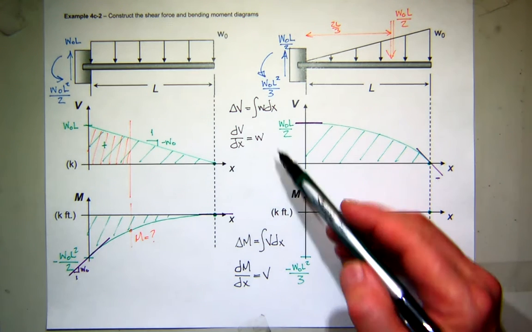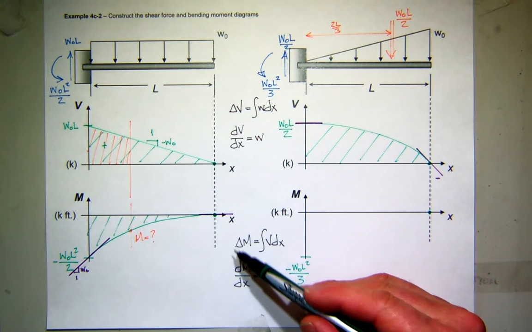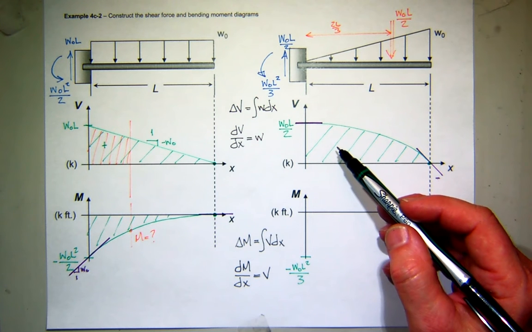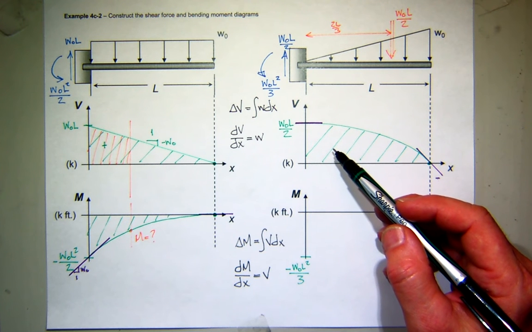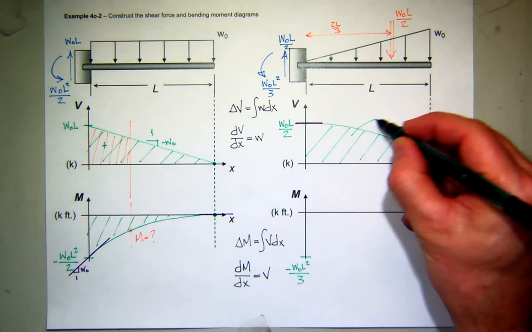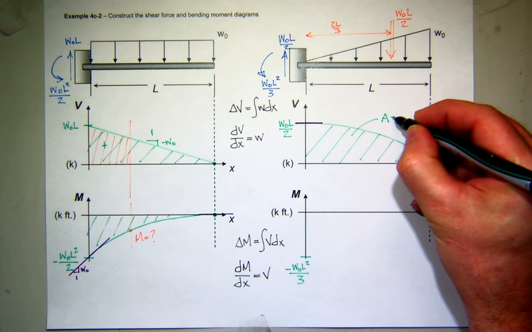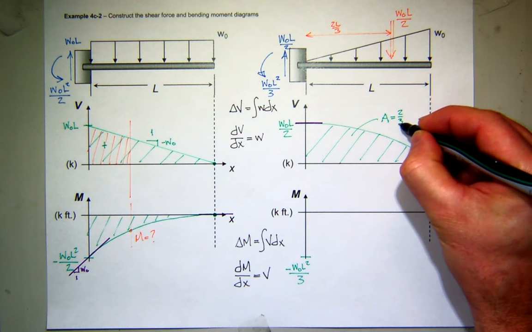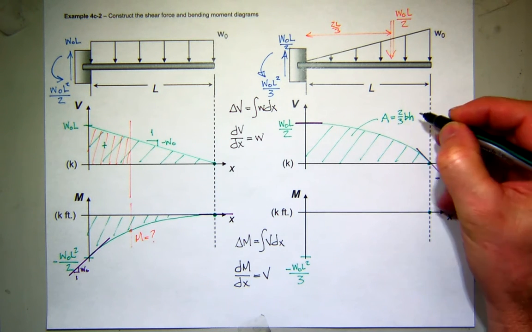So I know the change in moment is the area in the shear diagram. I don't know the area of a parabolic section off the top of my head, do I? Well, I do, but you probably don't. It just so happens that the area of this parabolic section is 2/3 base times height.